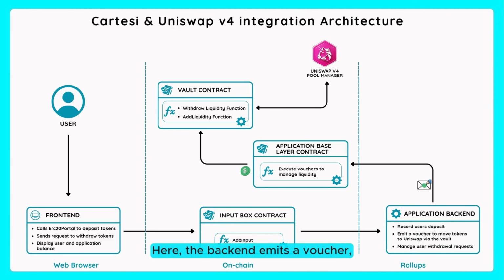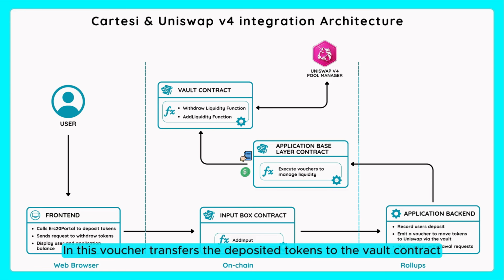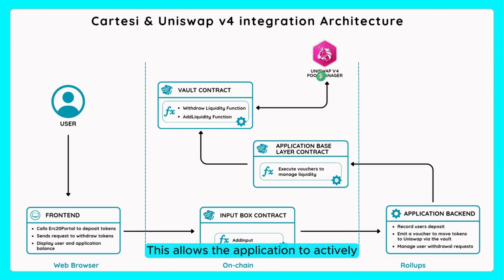Here, the backend emits a voucher, which is executed on-chain by the application's base contract. This voucher transfers the deposited tokens to the Vault contract and instructs it to deploy those funds into a Uniswap liquidity pool.